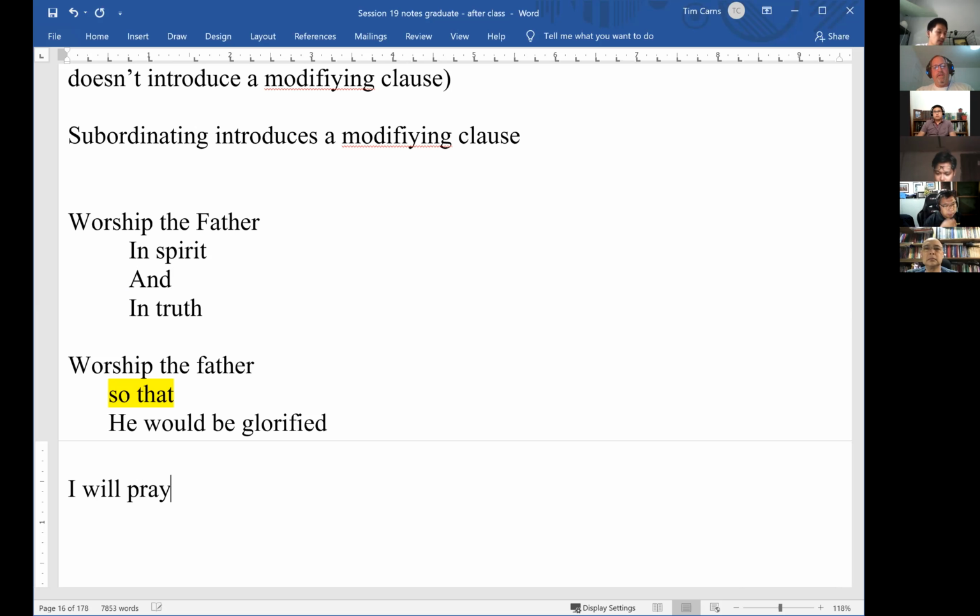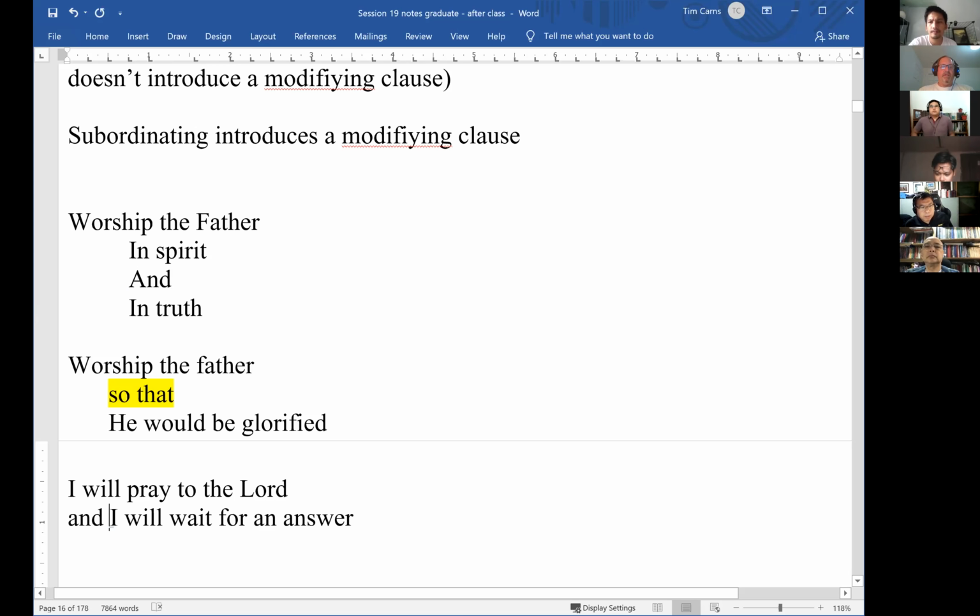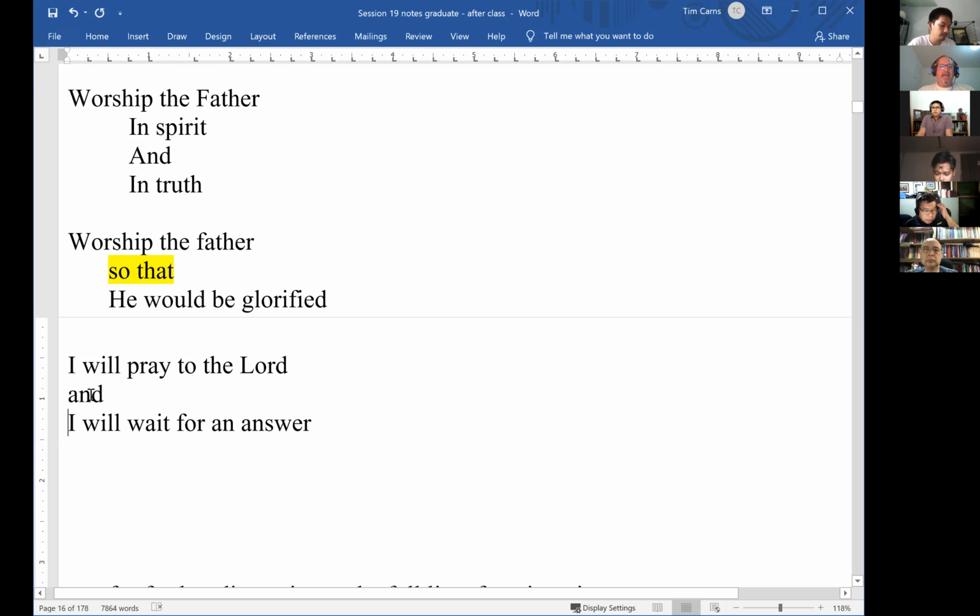I will pray to the Lord, and I will wait for an answer. Here's a case where I've connected two independent clauses together with a coordinating conjunction. Again, and is not introducing a clause that's modifying something.